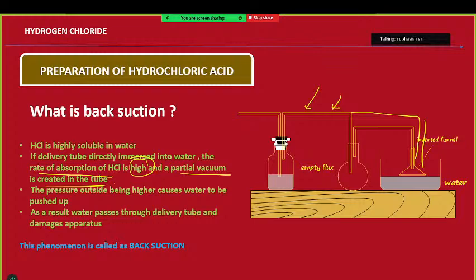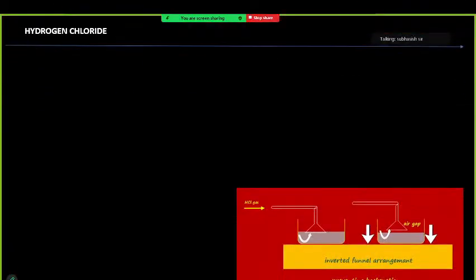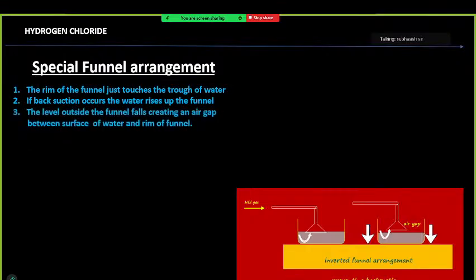So in order to avoid this important back suction process, we have to use some empty flask and a special type of funnel arrangement. This is the special type of funnel arrangement where the funnel is not dipped into water. In order to avoid back suction, the funnel is placed so that its level is somewhat higher than the level of water, so that the level outside the funnel falls, creating an air gap.